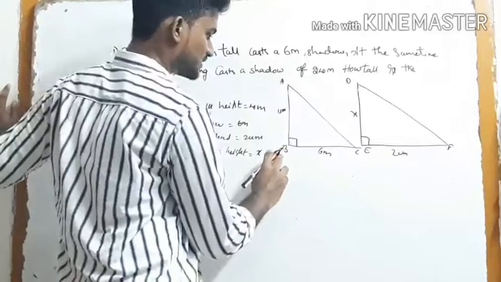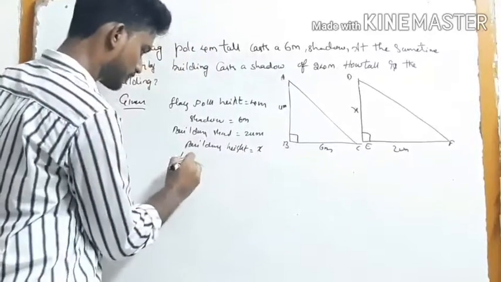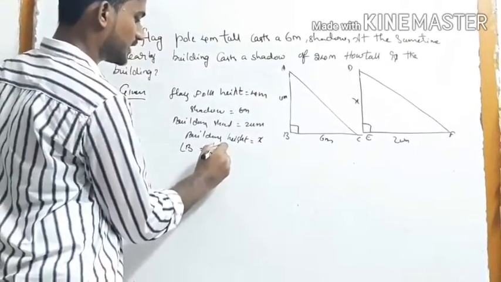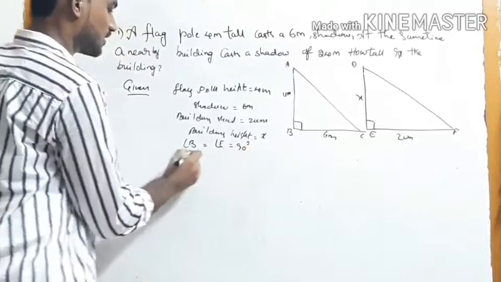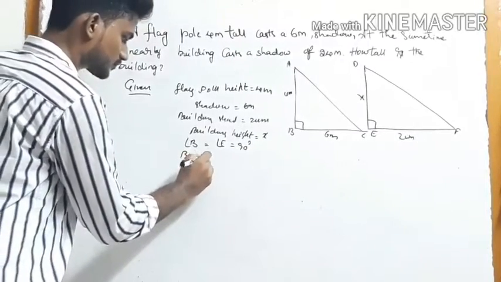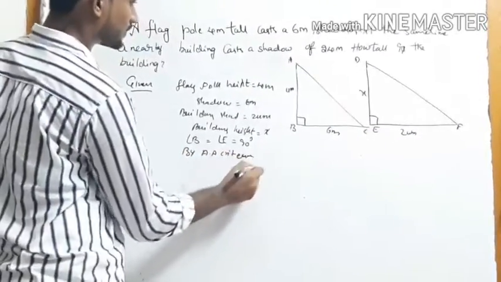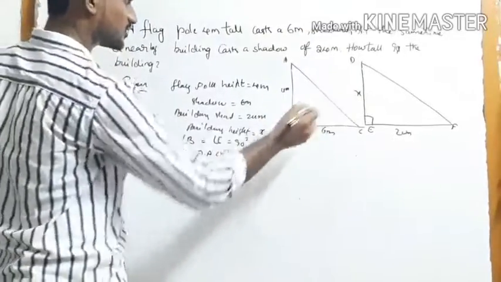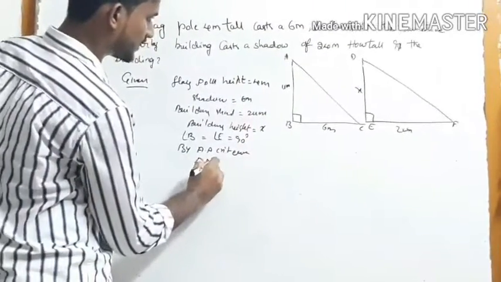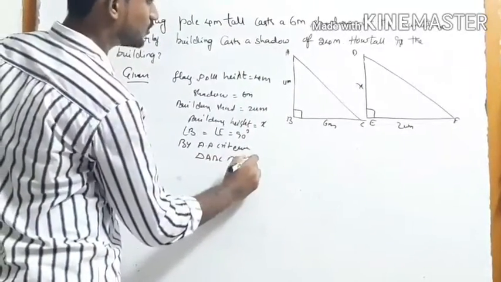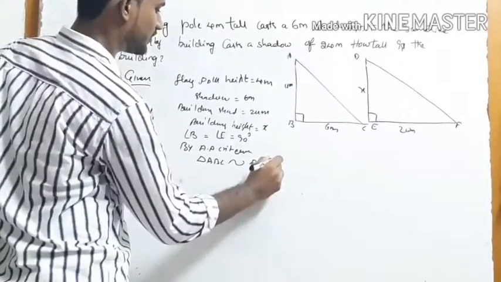Angle B and angle E are equal, that is 90 degrees, so by the AA criteria, triangle ABC is similar to triangle DEF.